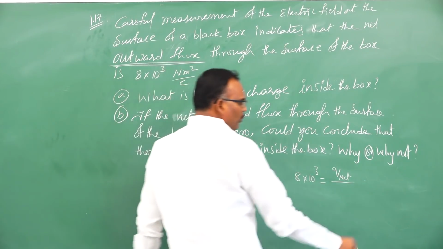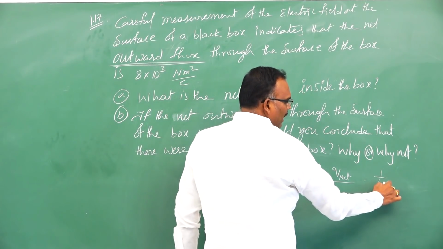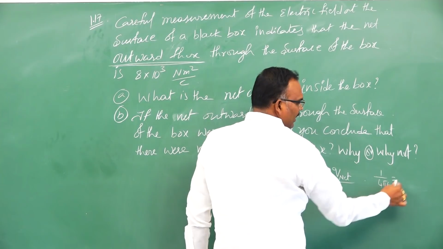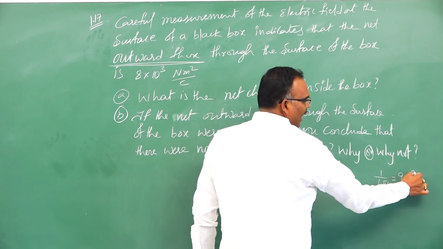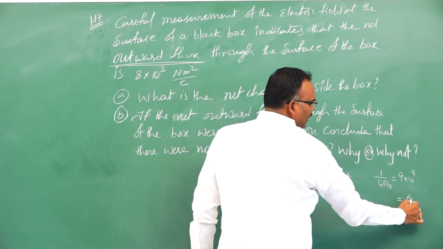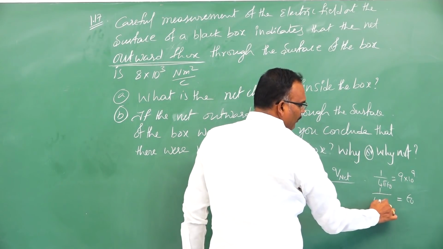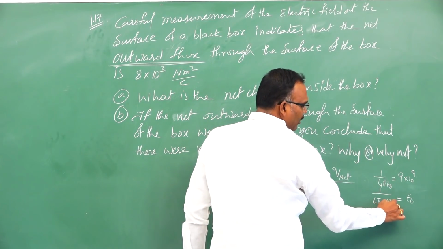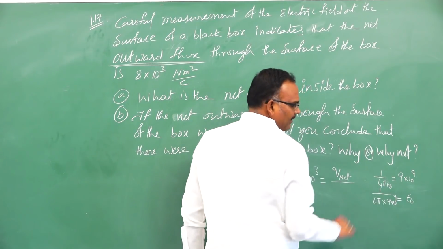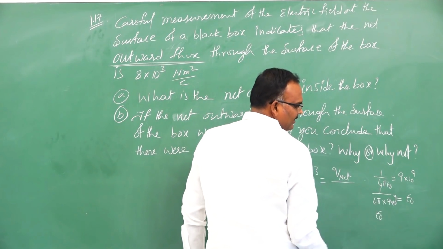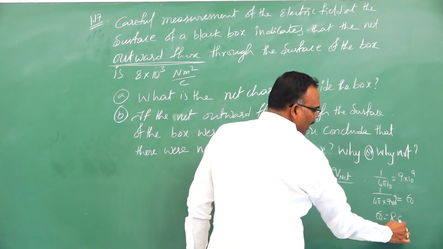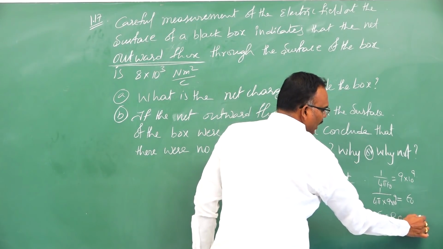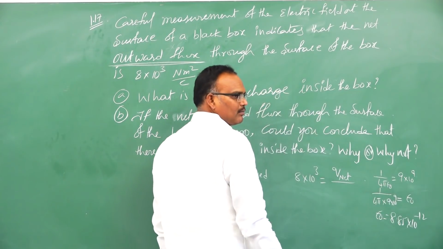See, epsilon naught value we can calculate from 1 by 4 pi epsilon naught is 9 into 10 to the power of 9. If you want epsilon naught value, you have to do 1 by 4 pi into 9 into 10 to the power of 9. If you simplify this, you will get epsilon naught value is 8.85 into 10 to the power of minus 12.